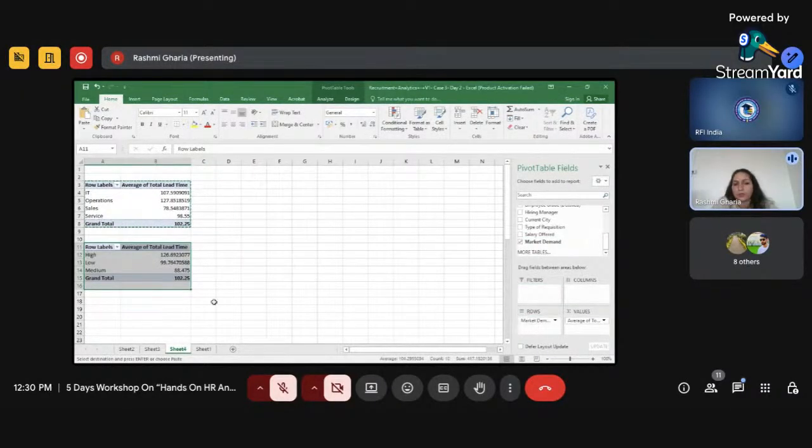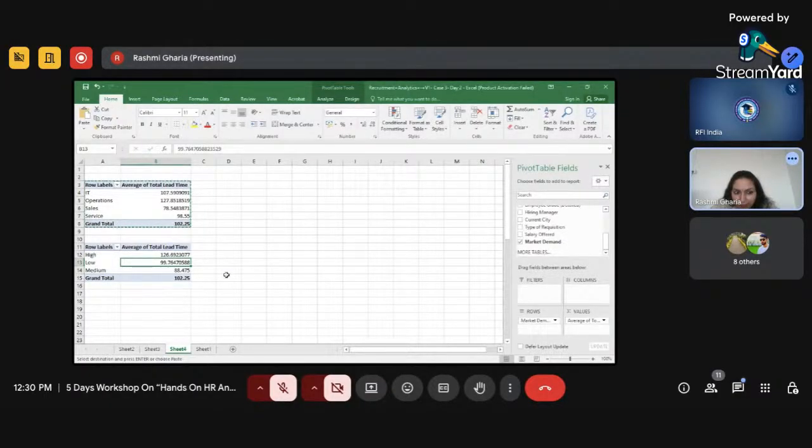Now, market demand of the job. If the market demand is high, the lead time is also high because many a time demand is high and supply is less in the market. And it becomes difficult to attract the candidates also. If market demand is low, the demand-supply concept also affects your lead time. Clear? I hope you got this.